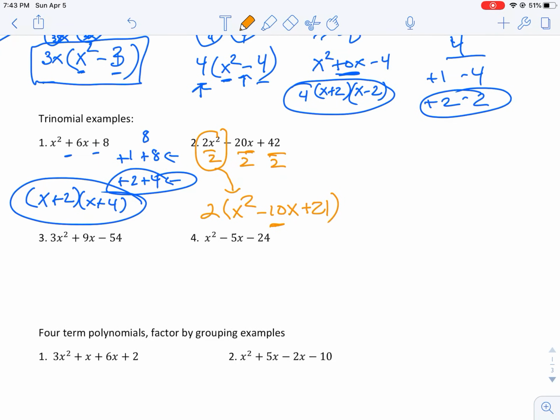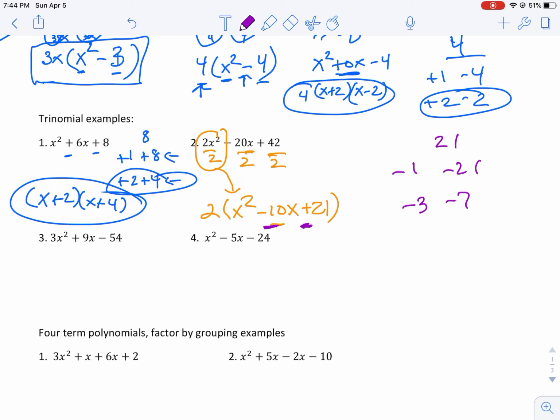So now I have to look at these. All right, I'm going to change some color here again. And I have the last term is positive and the middle term is negative. So the last term tells me both the signs of the factors are the same. The middle term tells me they're both negative. So I take that 21. I have 1 and 21 and 3 and 7. Those are my only factors.